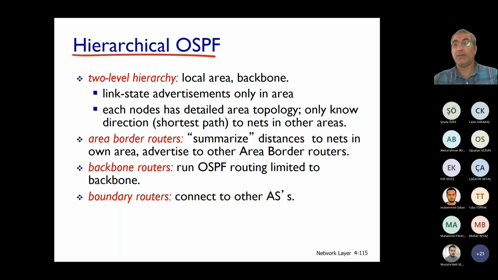And then these area border routers are connected to backbone routers. These backbone routers run OSPF routing limited to the backbone. And finally, at the top, we have the boundary routers that connect to other autonomous systems.